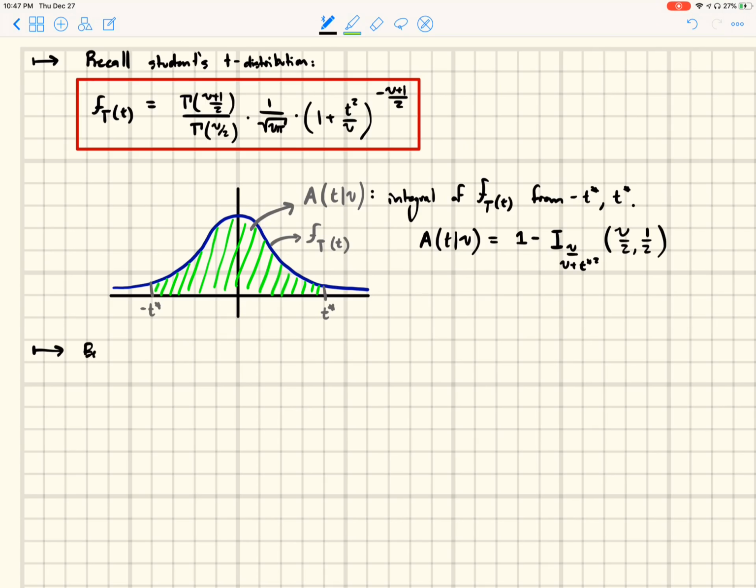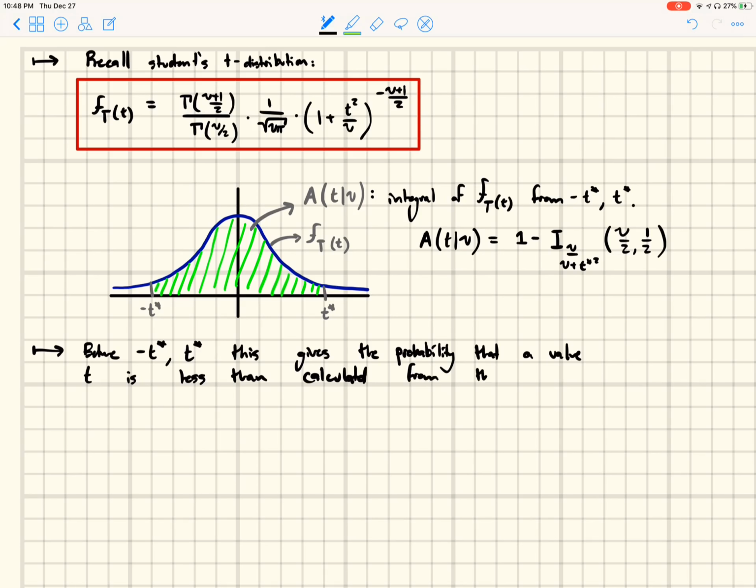We have to note that between negative t and t star, this gives us the probability that a value t calculated is less than that observed in the data merely by chance.